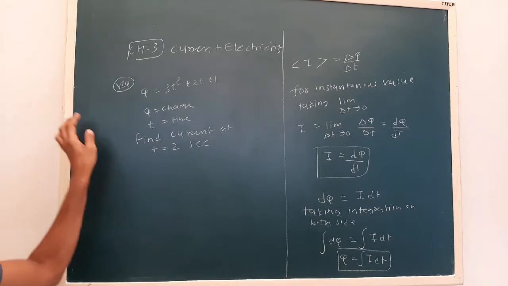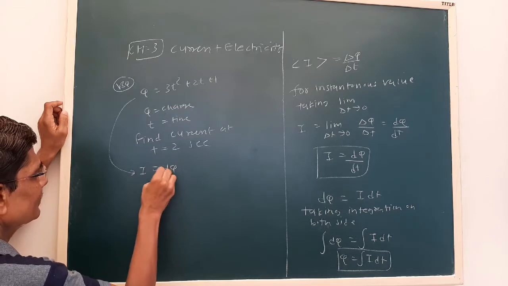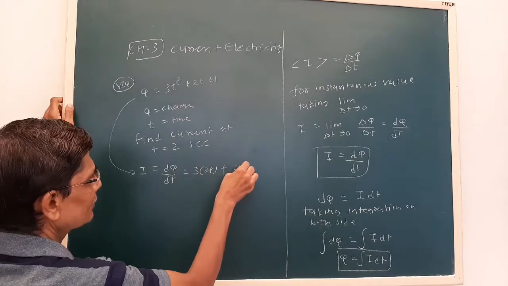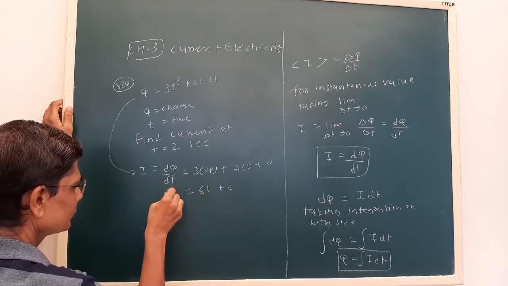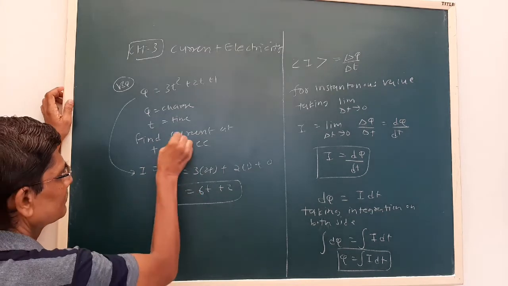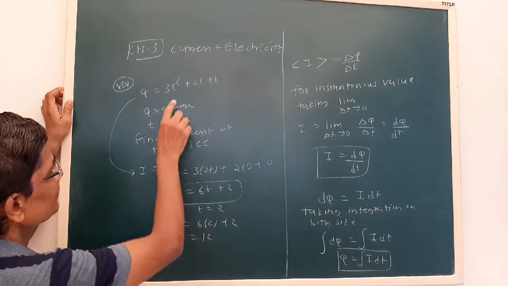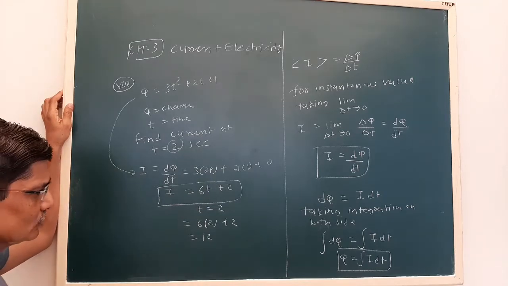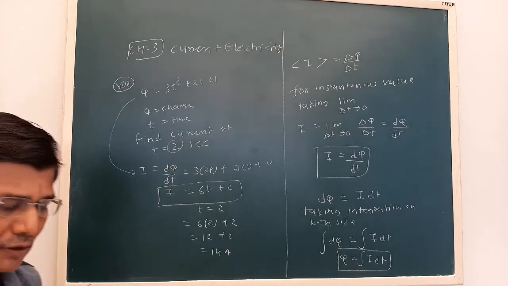We know the formula I is equal to dq by dt. So if I take the derivative, t square derivative is 2t, 2t derivative is 2 into 1, 1 derivative is 0. So this will be 6t plus 2. This is the equation for the current. Now if I take t is equal to 2 seconds, 6t is 12 plus 2, so the current is 14 ampere. This is how we can find out the current also.